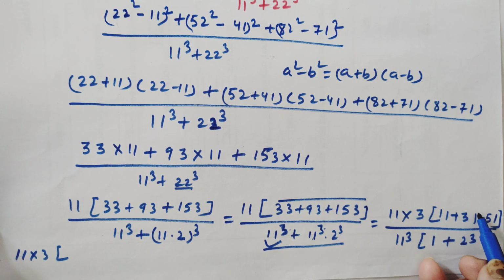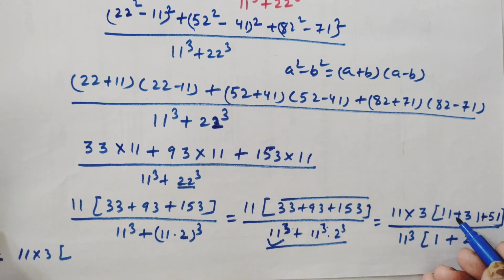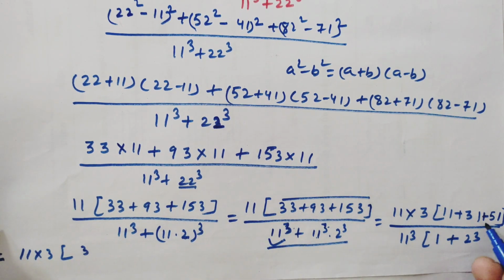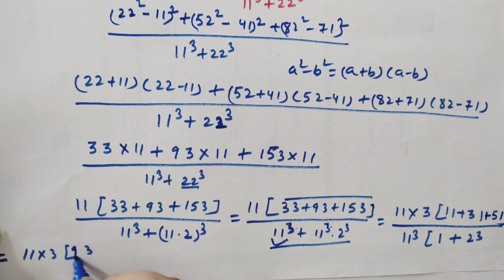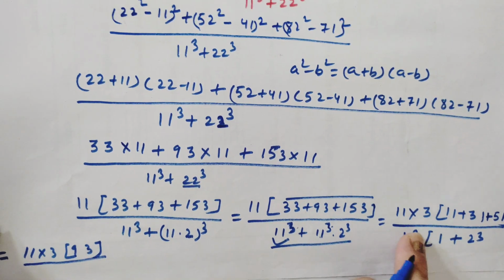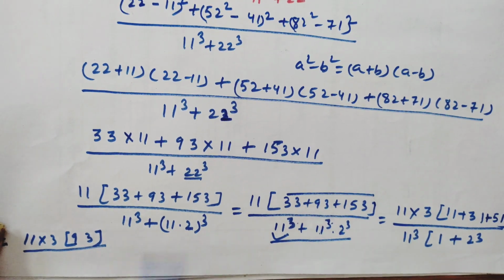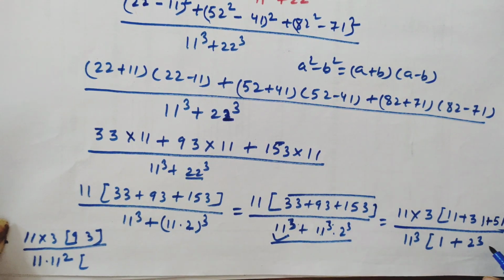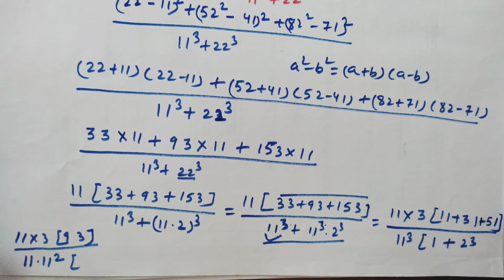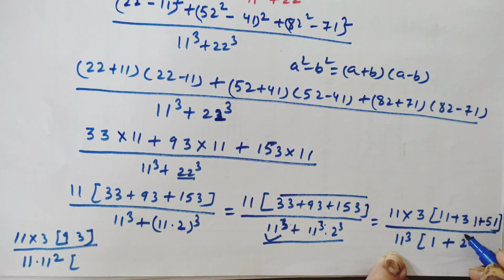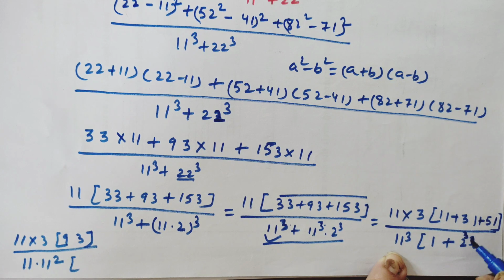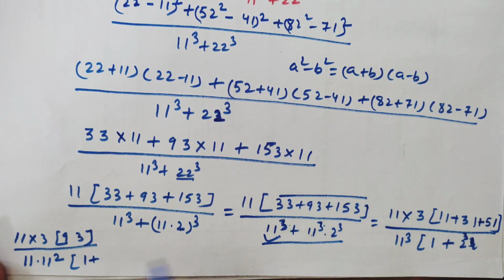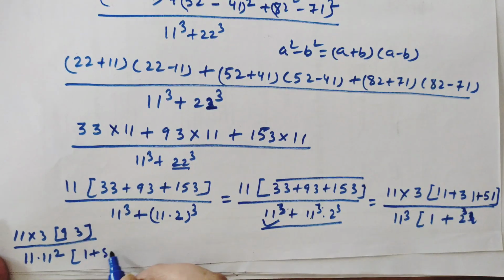If you add 11, 31 and 51, you get 1 plus 1 is 2, 2 plus 1 is 3, 3 and 5 is 8, plus 1 is 93. In the denominator, this 11 cube we will split into 11 into 11 square, and it will be 1 plus 2 cube, where 2 cube is 8.